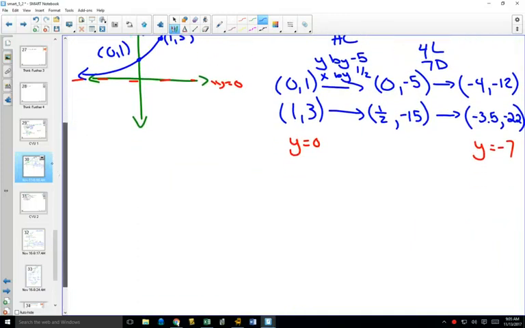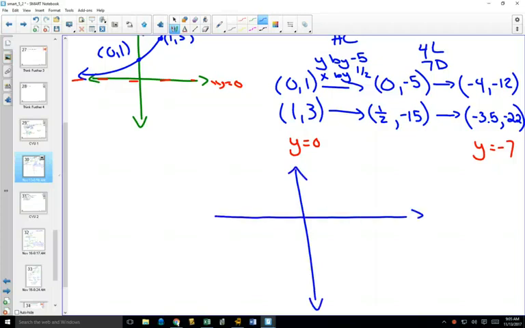So once we have our points, start by graphing your asymptote, y equals -7. Add your 2 points. So we've got (-4, -12). And I'm just going to estimate (-3.5, -22).